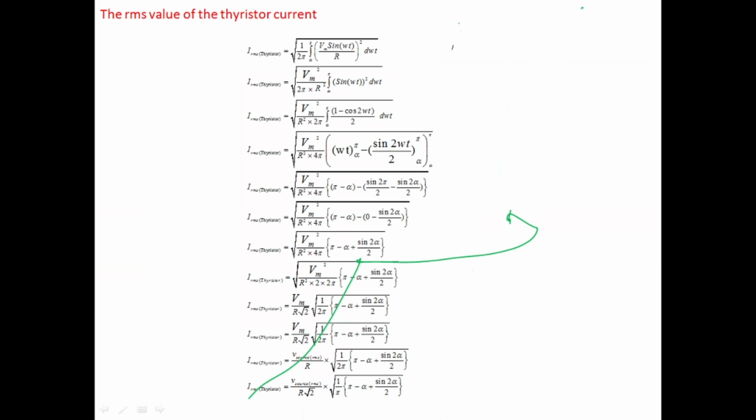Here, root mean, because thyristor T1 is conducting from alpha to pi, and the period of that waveform, we have seen how it looks.